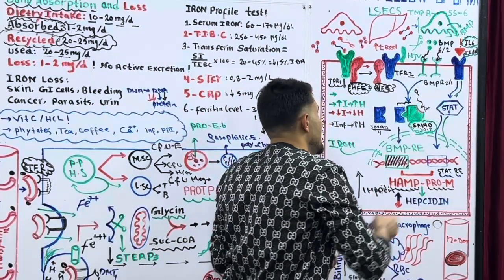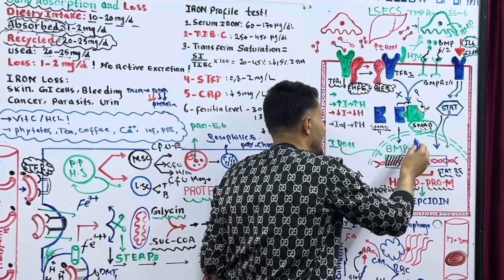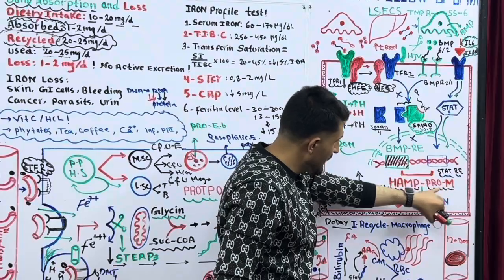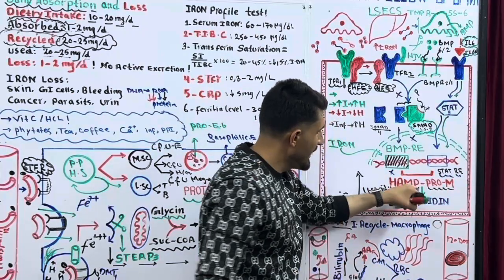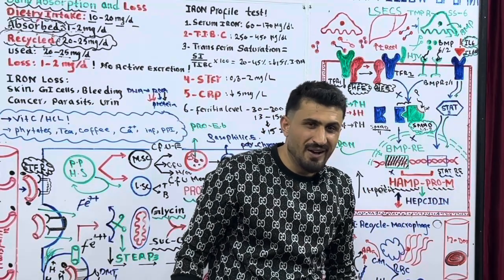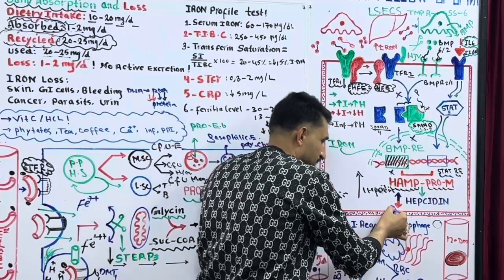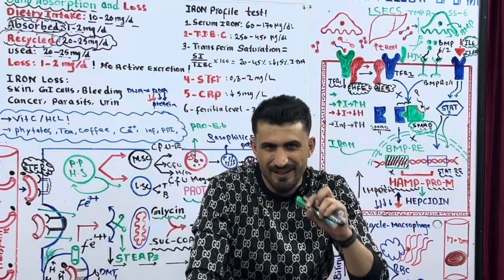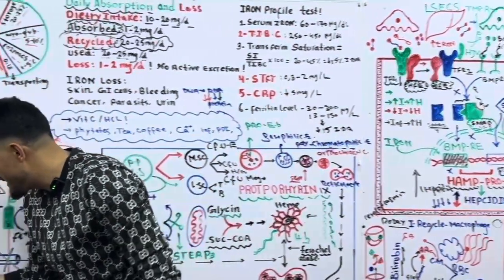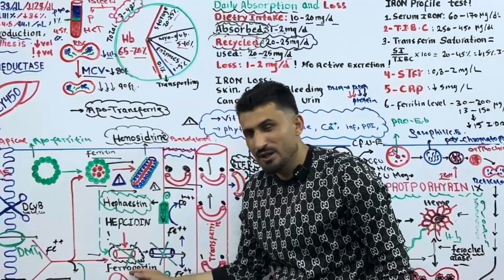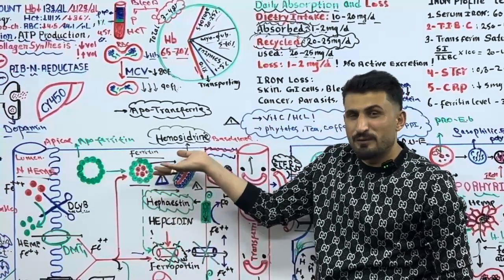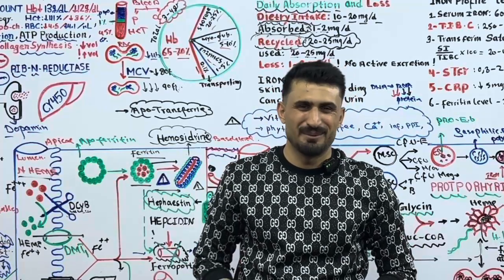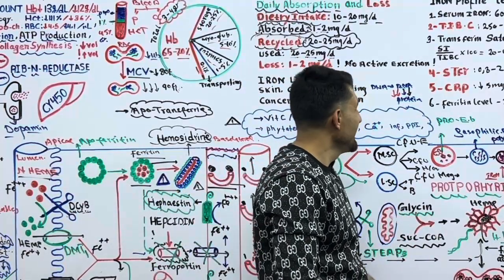You cannot stimulate this SMAD pathway, you cannot stimulate this BMP responsive region, and you cannot stimulate the HAMP promoter area, and you will not produce hepcidin. And when you have a low level of hepcidin, hepcidin cannot degrade ferroportin, so you will have a high ferroportin level and you will absorb much iron. This is the metabolism of hepcidin, okay, got it.